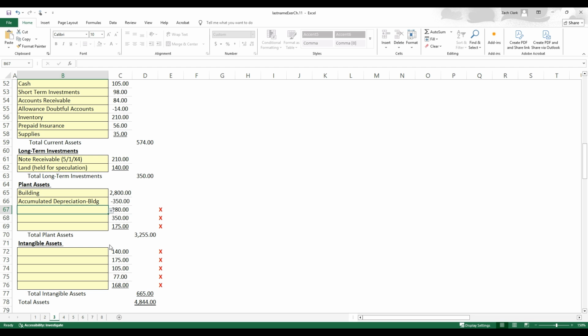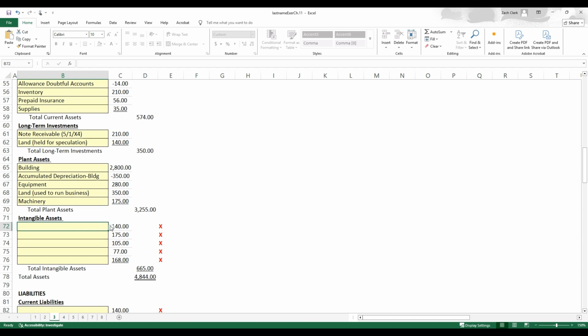And there's just that one accumulated account. So what else do we have? We have equipment with no depreciation on it. Now land, this is the speculation land, but this is land actually used in the business. Okay, and machinery, yeah, we haven't used that yet. Okay, now we're down to intangibles, and that will be things like goodwill, franchise, patent, copyright.